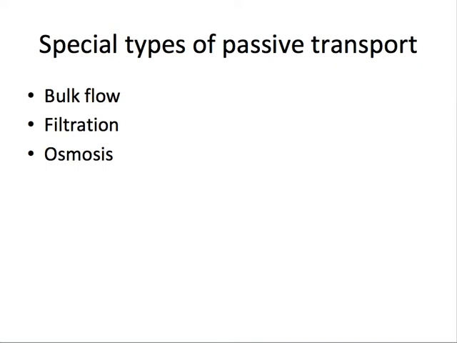Now, I will briefly tell you there are some special types of passive transport, and they are listed here: bulk flow, filtration, and osmosis. Bulk flow is the diffusion of large quantities of substances from a region of high pressure to a region of low pressure.